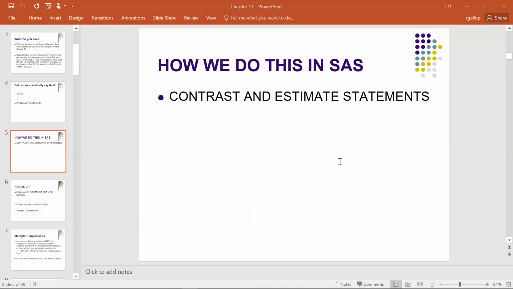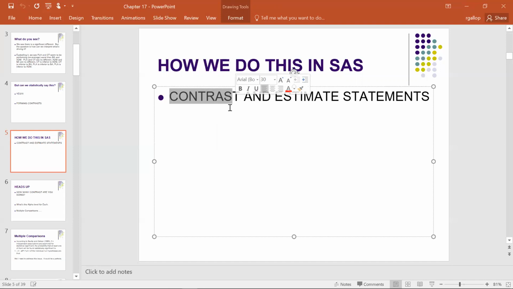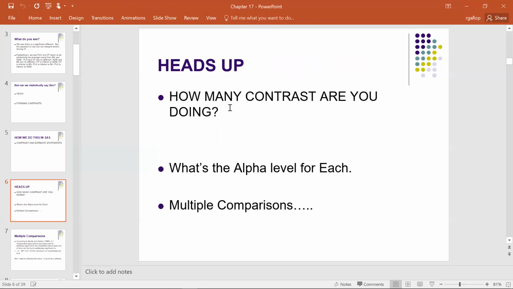So we can, as we said, do this through a contrast and an estimate statement in SAS. One thing we're going to see with the difference between the contrast and the estimate statement, the test statistic used in the estimate statement is a T, so a T distribution, whereas the contrast uses the F. And we'll give a little bit more exposure to that.